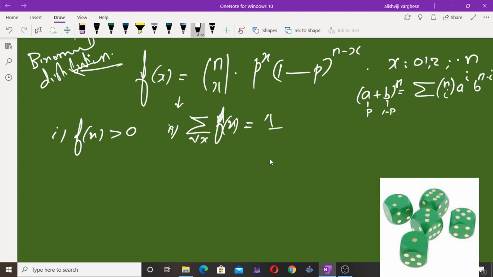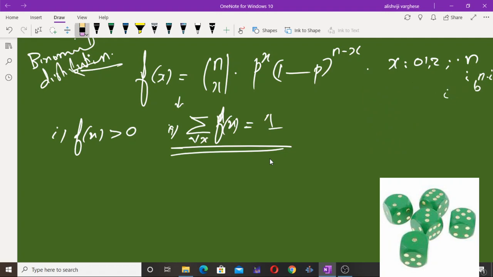So from this expression, a plus b the whole raised to n is equal to p plus 1 minus p the whole raised to n, which is equal to 1 raised to n, which is equal to 1. So using the binomial expansion we can verify that this expression f of x is a probability density function.